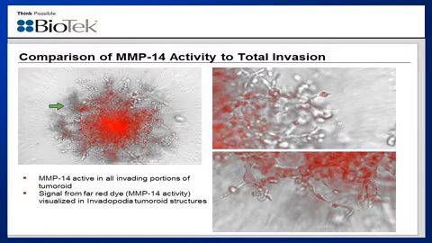And again, as you can see from this image on the left, the extent of coverage observed with both Cy5 and with the brightfield signal match up quite well, showing that the MMP14 proteinase is active in pretty much every area of the invading tumoroid structure.